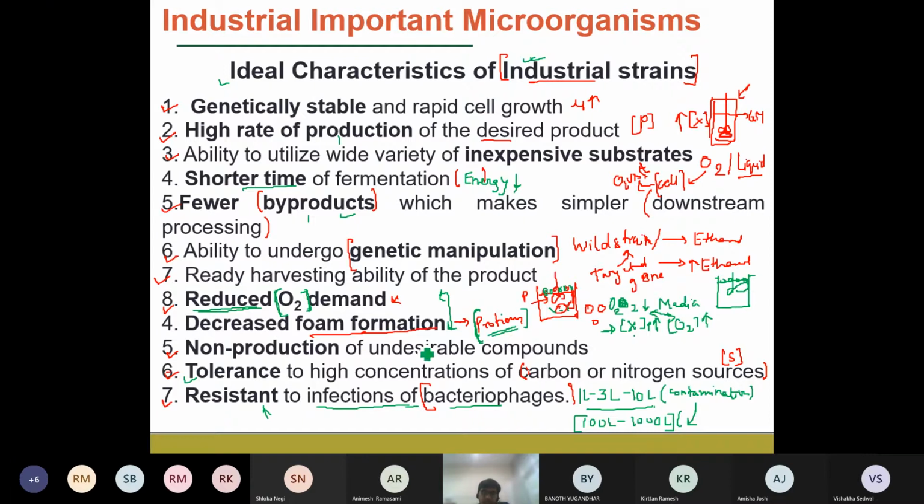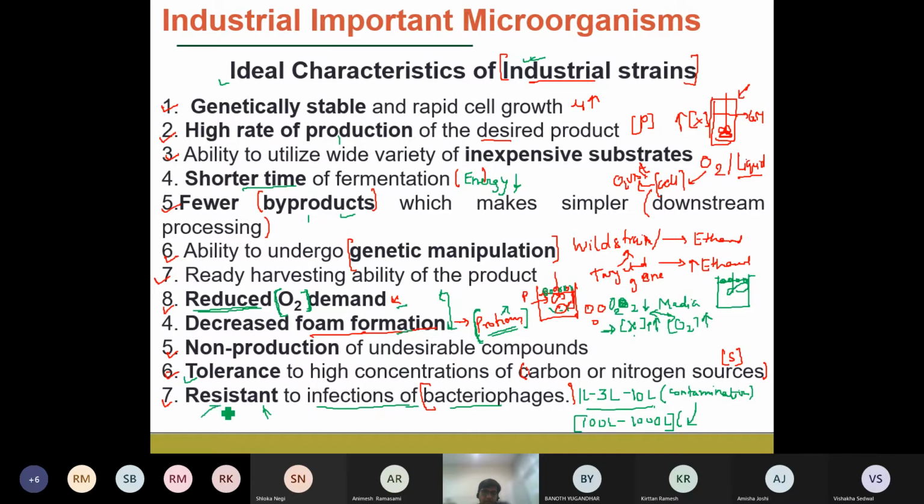Generally we need microorganisms in which these extracellular protein formations are reduced as much as possible, so that foaming does not occur, because the presence of foams leads to a high possibility of contamination from other microorganisms. So like this, there is reduced oxygen demand and decreased foam formation.